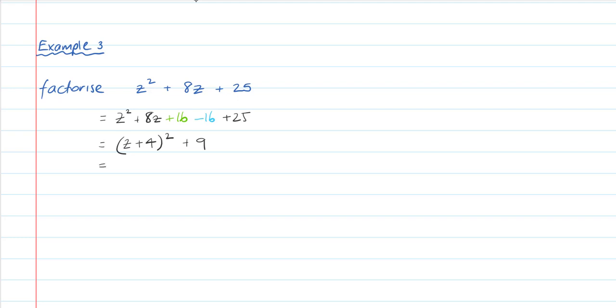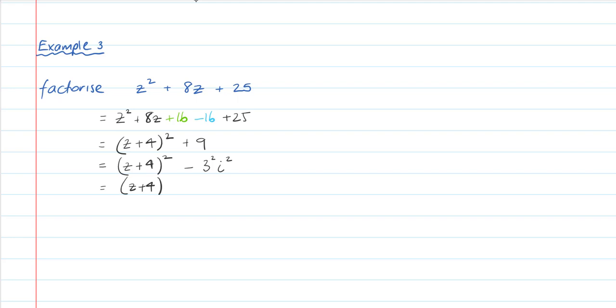But this is two squares now, but they're added together. I want the difference of two squares. So I'm going to change this to z plus 4 squared minus 3 squared i squared. So I've changed it because I know the difference of two squares formula, but I don't know the sum of two squares. So all I've done is I've changed it to be a negative by incorporating that i squared component as well.